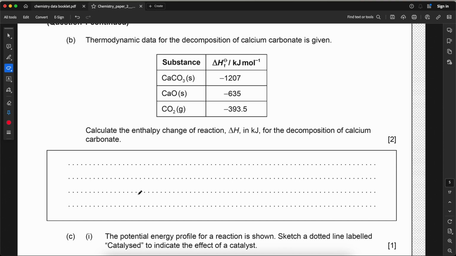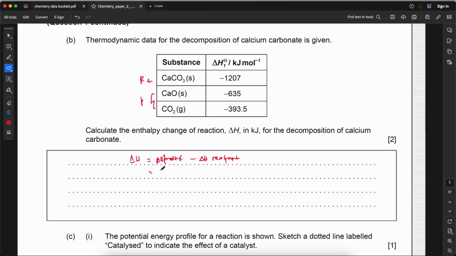Thermodynamic data for the decomposition of calcium carbonate is given. So calculate the enthalpy change of reaction. CaO and CO2 are the products. This one is the reactant. To calculate the enthalpy change, it is the enthalpy of products minus reactants.